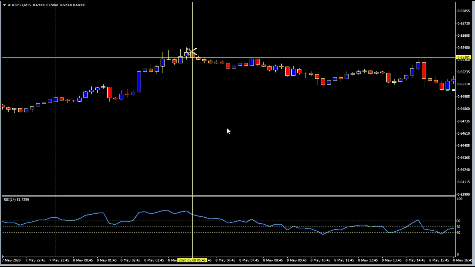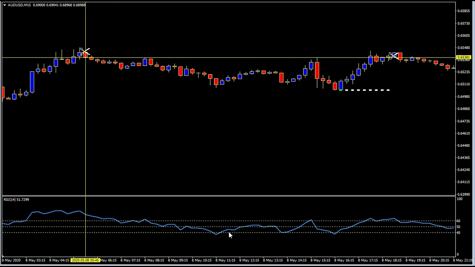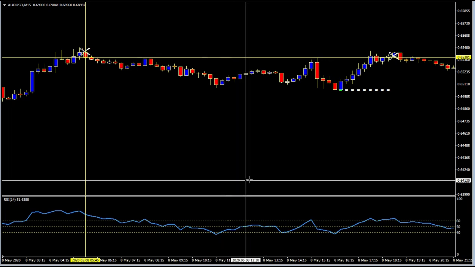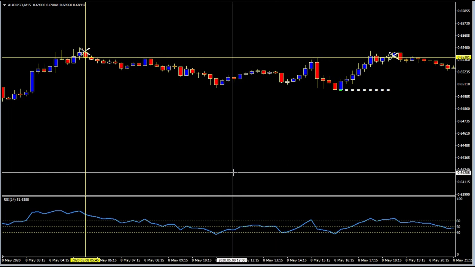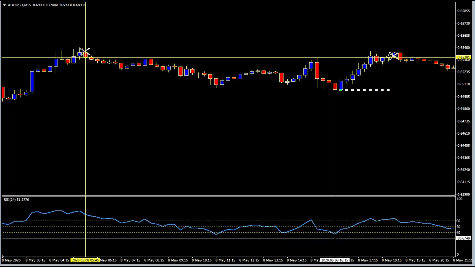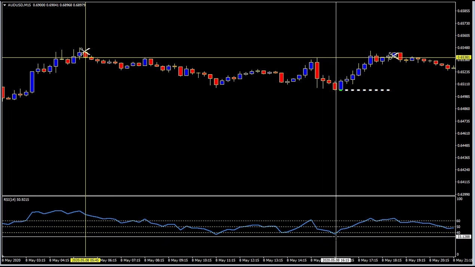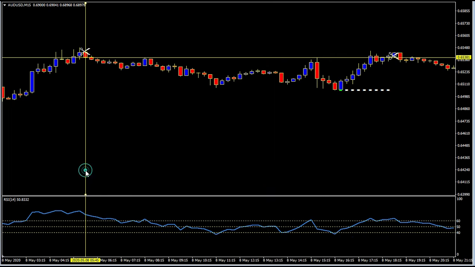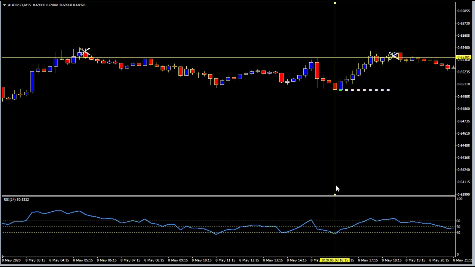Now we will wait. Here we see the RSI going above the 40 level, but there is no support level here, so we ignore it. And then here we see again the RSI is crossing the 40 level and going up, so we bring the line here, and then we see, is there any support?